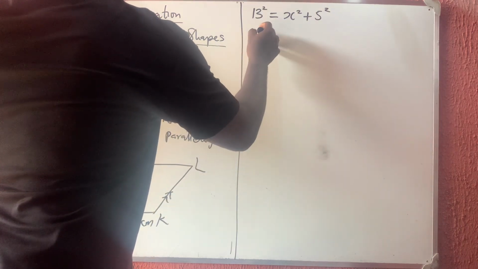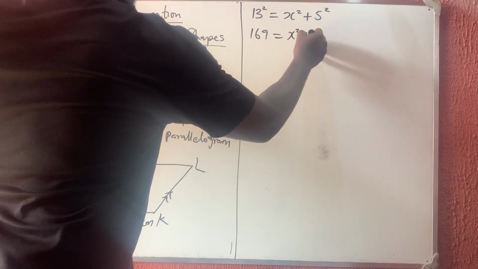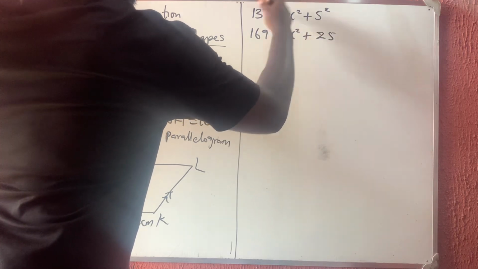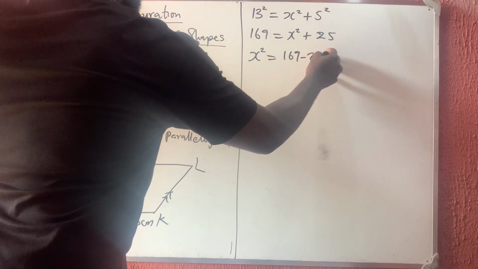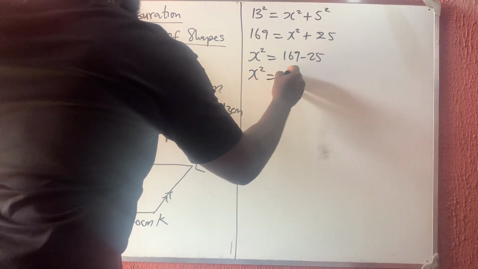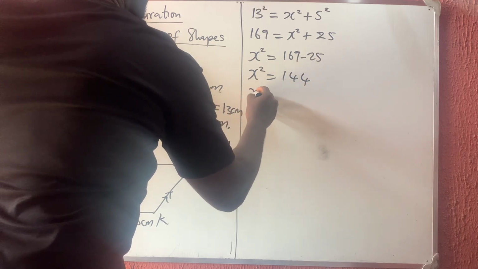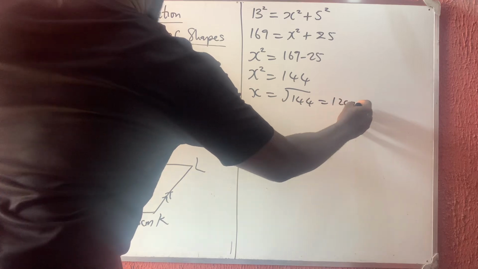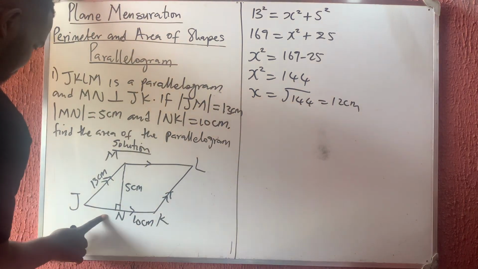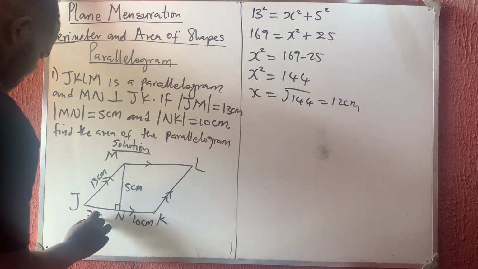So 169 is equal to x squared plus 25. So x squared is equal to 169 minus 25, so x squared is equal to 144. Therefore x is the square root of 144, which is 12 cm. Like I told you, it's a Pythagoras triple, so it's supposed to be 12 even without solving it.